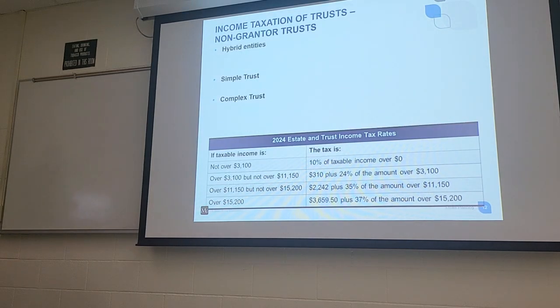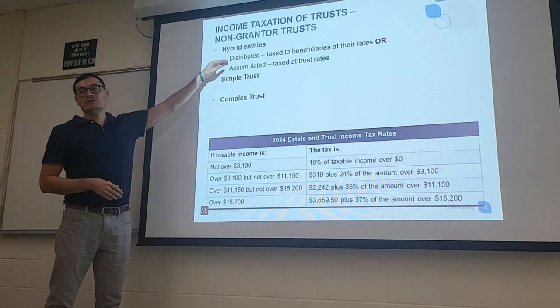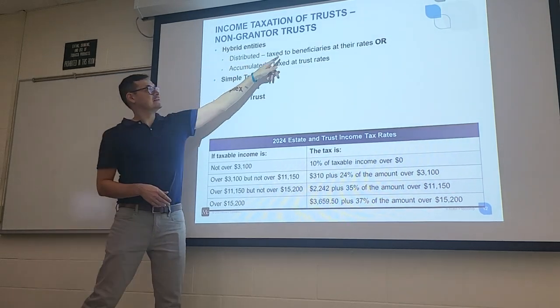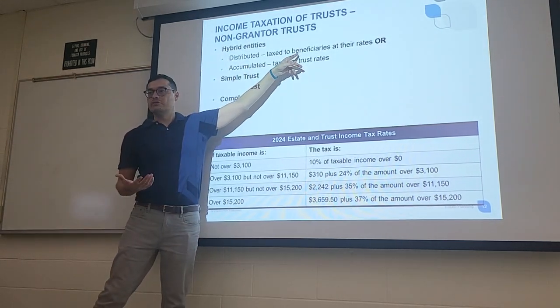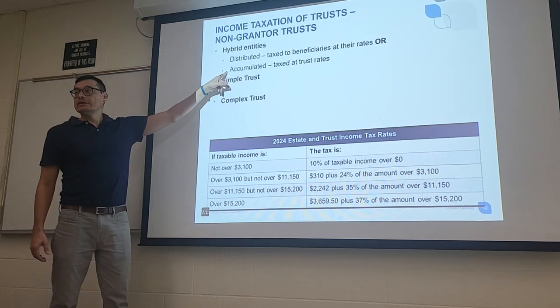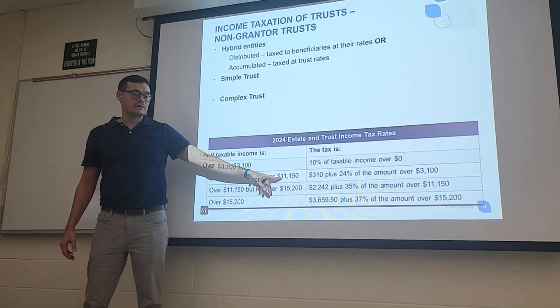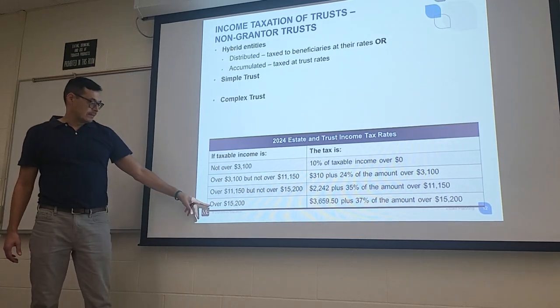Okay. If you are a non-grantor trust, okay, they will consider you a hybrid entity. Okay, so what that means is if anything is distributed out of the trust, it is taxed to the beneficiary, okay, or like similar to a grantor trust. If as assets accumulate, income just accumulates in there, okay, it's gonna be taxed at the trust rates. Now look at this.